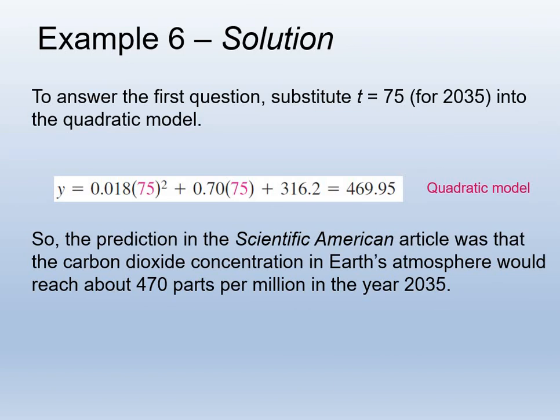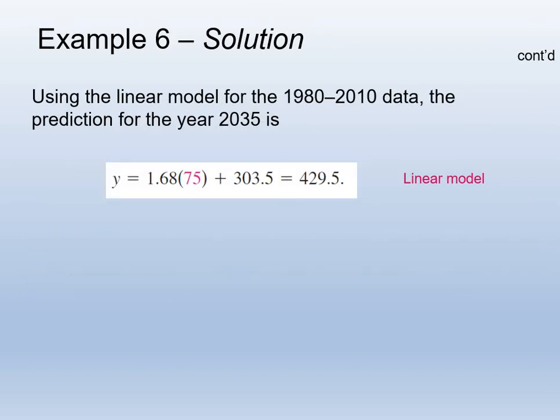We can kind of verify and see if their model's right, because this model was made a while back. We're much closer to the year 2035 as well. The prediction for the year 2035 using the linear model was 429.5.